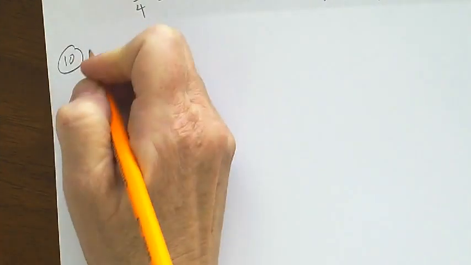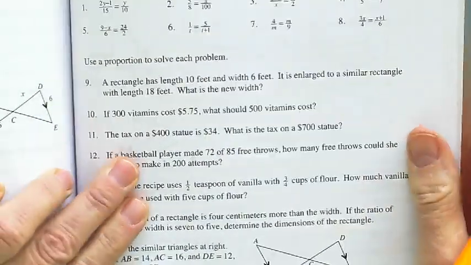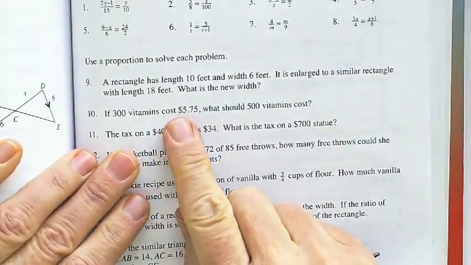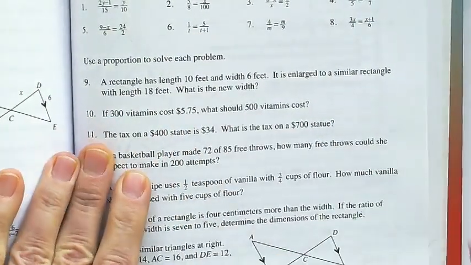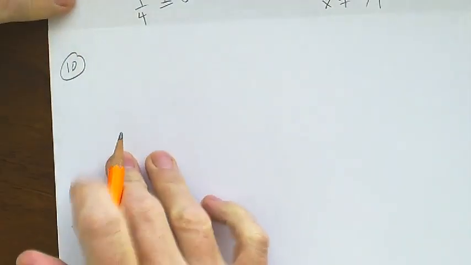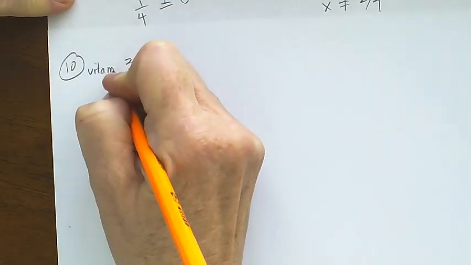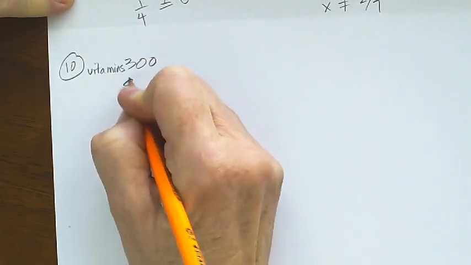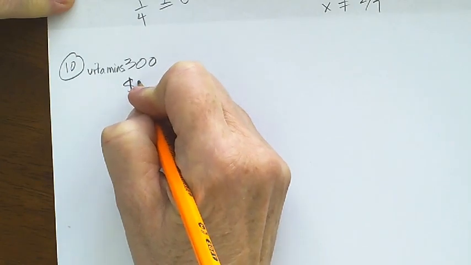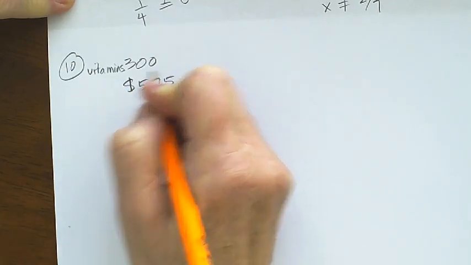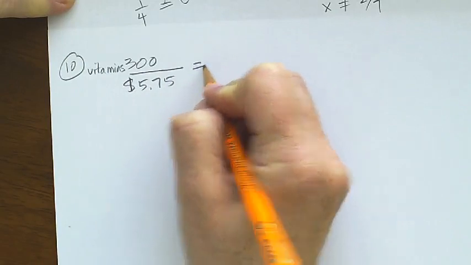Okay, number 10 says, if 300 vitamins cost $5.75, what should 500 vitamins cost? So 300 vitamins cost $5.75.